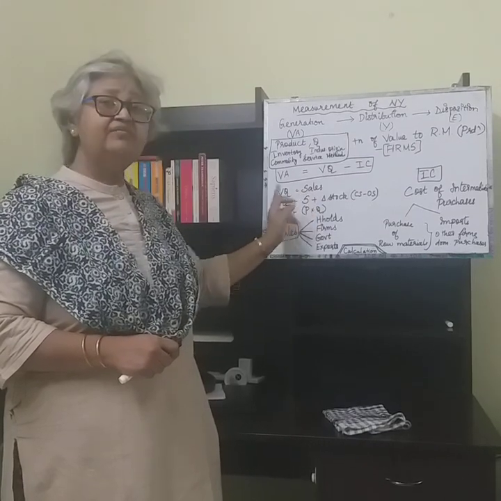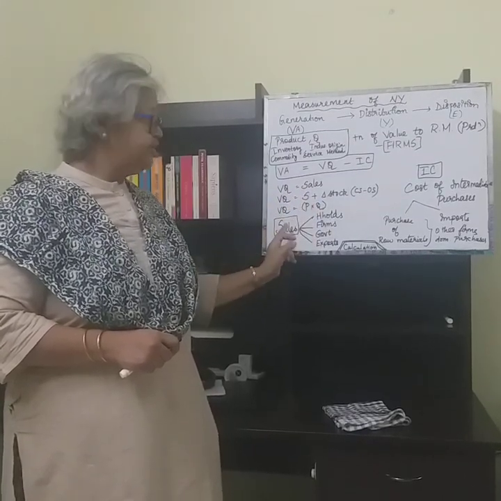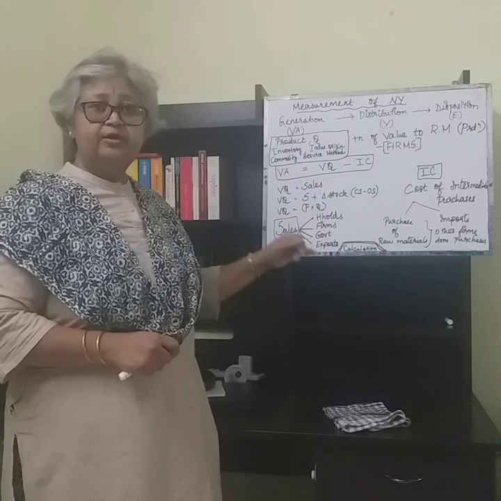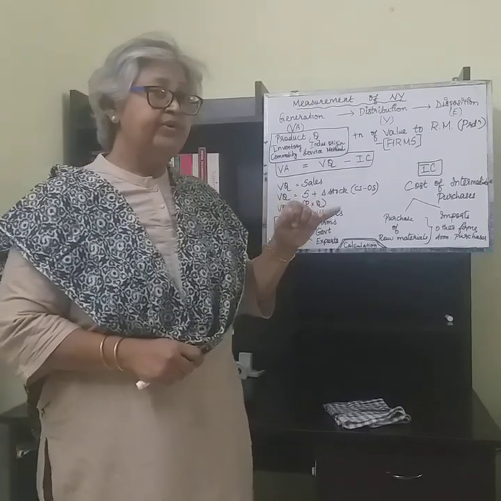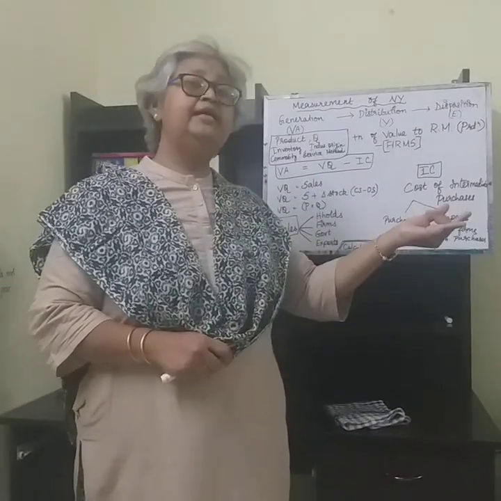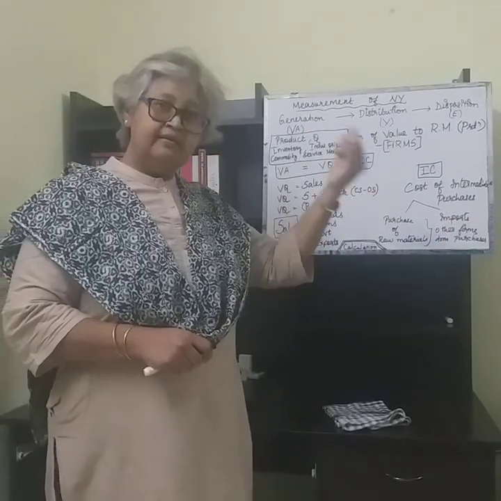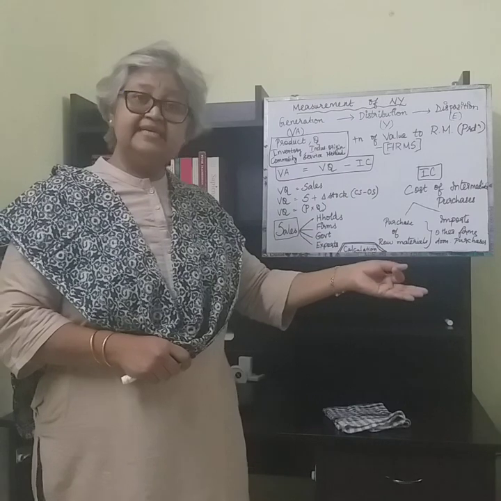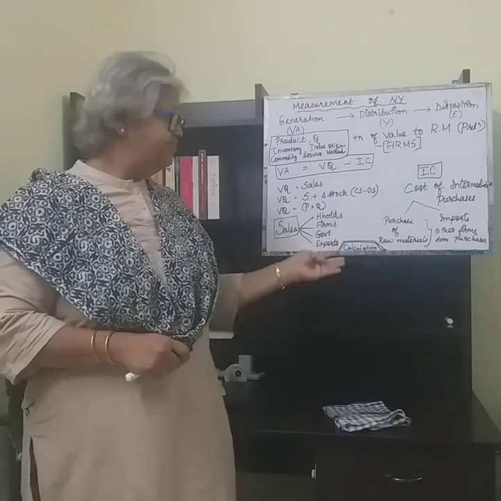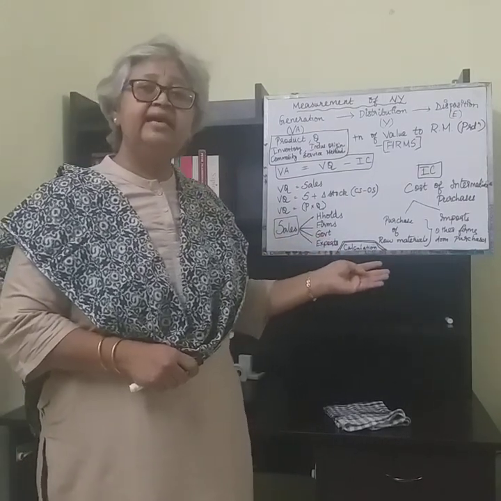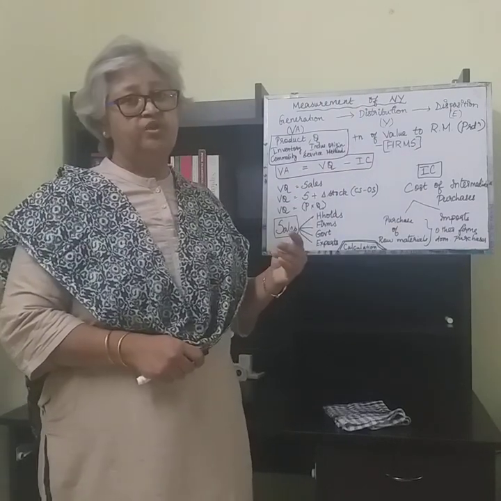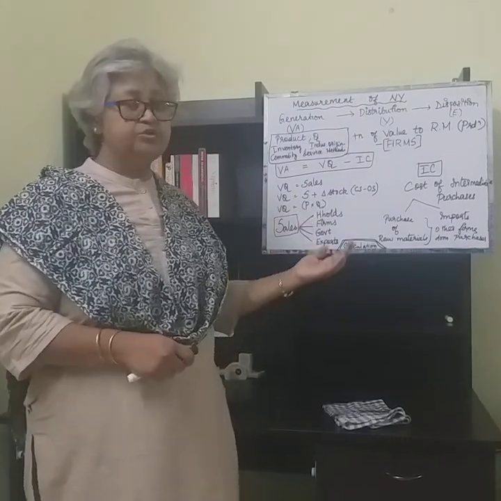Sales, which is part of the value of the output, can be to the households. Firms can also sell to other firms which are going to further process. Firms can sell to the government, and firms can also sell to the rest of the world, which would be exports.